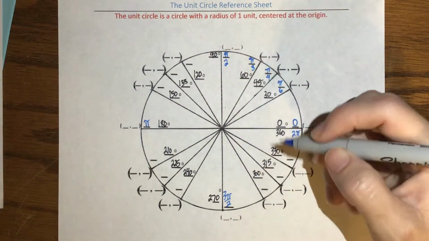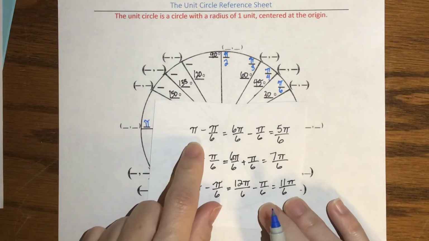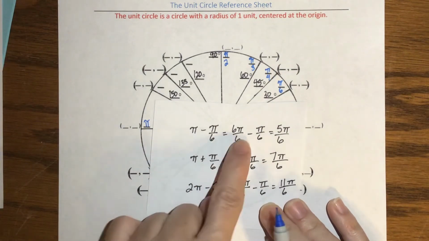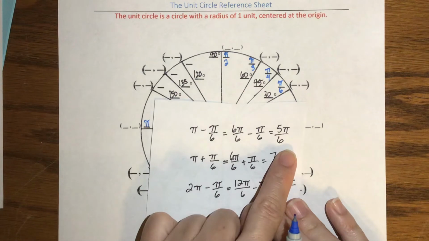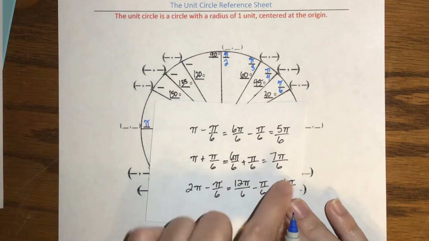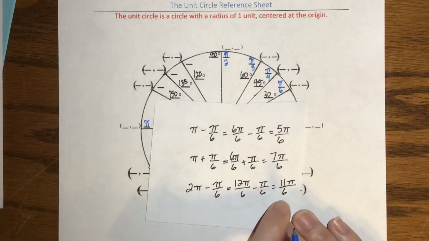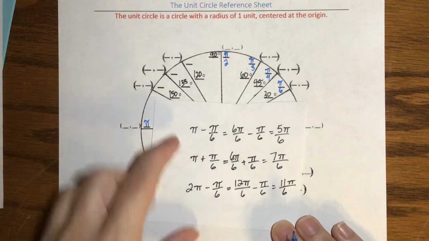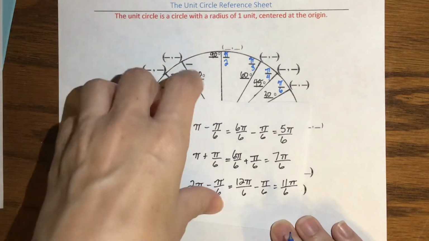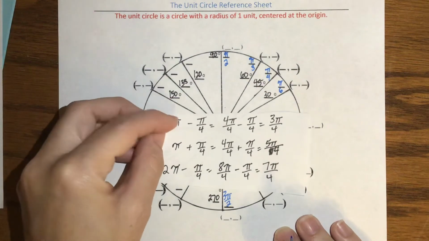Okay, now don't let that get too bogged down. Look, all you're going to need to do is common denominators. Pi minus pi over 6 is 5 pi over 6. See that? Pi plus pi over 6 is 7 pi over 6. And then 2 pi minus pi over 6 is 11 pi over 6. So you're just doing common denominators. Same with the pi over 4. I made a boo-boo there.